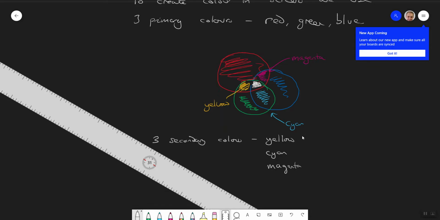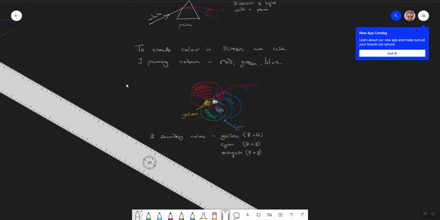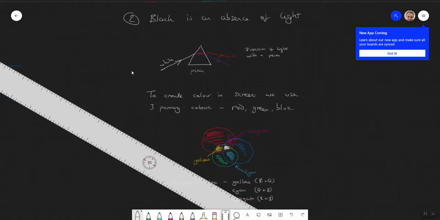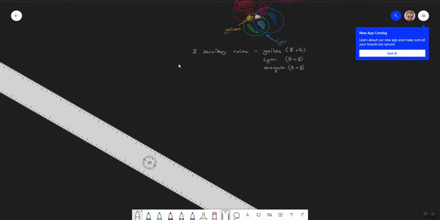And these are all formed of color combination. So yellow is red plus green, cyan is green plus blue, magenta is red plus blue. And this is basically all the things we can use to trick your vision. This is how we can trick you into seeing pretty much anything.